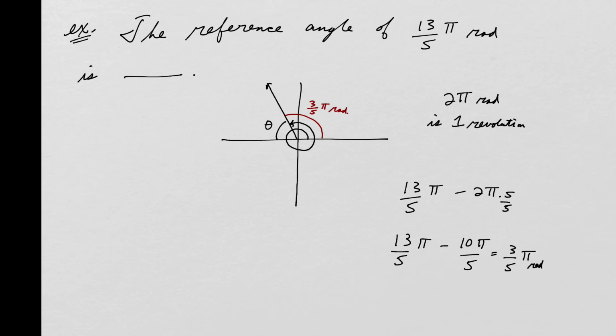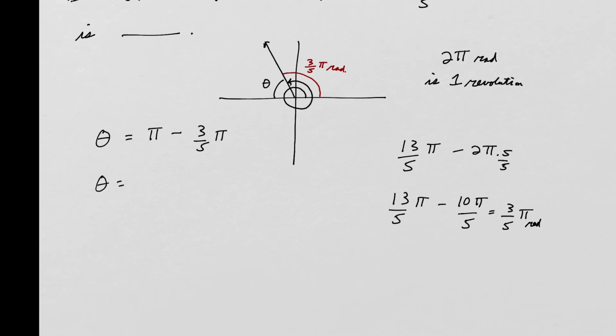So to find the reference angle theta, it's got to be 180 degrees, which is pi radians, minus 3 fifths pi radians. I can subtract these if I have the same denominator. So pi I can write as 5 fifths pi, or 5 pi over 5, minus 3 fifths pi.